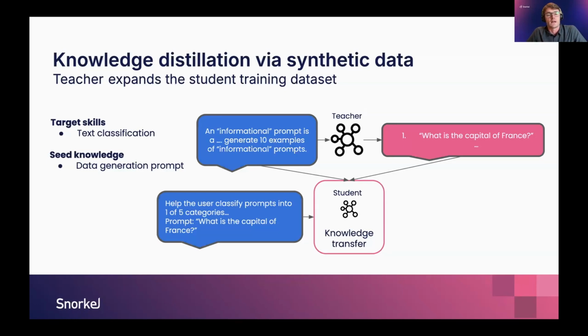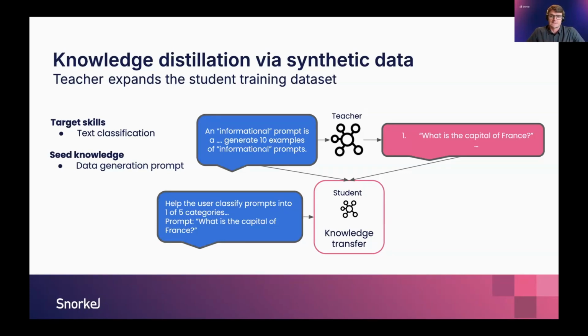Again, we're looking at text classification for the target skills. And seed knowledge this time is a data generation prompt rather than just a classification prompt. So it could be something like, an informational prompt is, and then add your definition there, generate 10 examples of informational prompts. You could also leverage in-domain examples if you have some informational prompts in mind already.